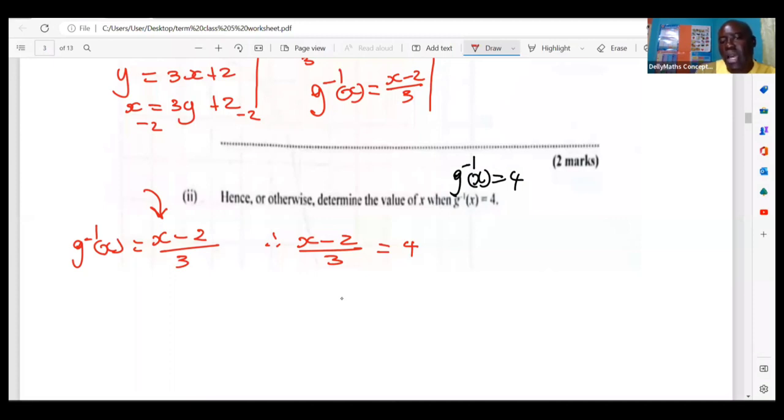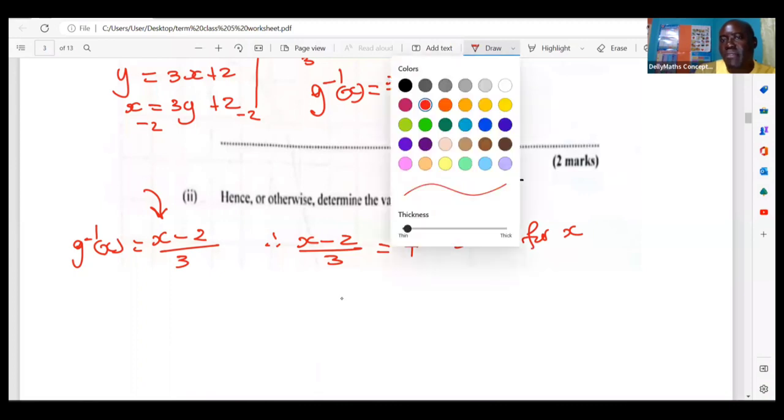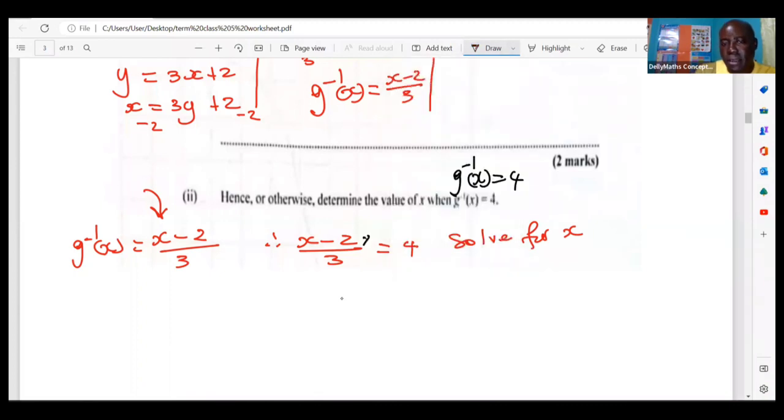And then now, as I said, you're solving for x. Of course, in this case, regular solving. Multiply both sides by 3. Now this will cancel on the left side. So you have x minus 2, which is equal to 12. And then now you will add 2 to both sides. So x is now equal to 14.